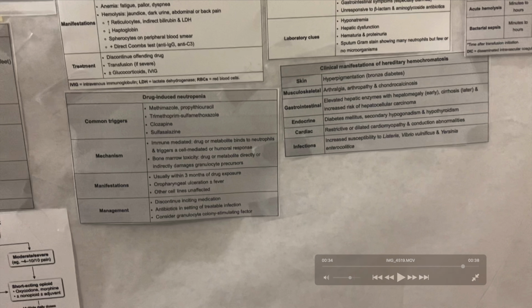Endocrine: DM, secondary hypogonadism and hypothyroidism. Cardiac: restrictive or dilated cardiomyopathy, and conduction abnormalities. Infection: increased susceptibility to Listeria, Vibrio vulnificus, and Yersinia enterocolitis.